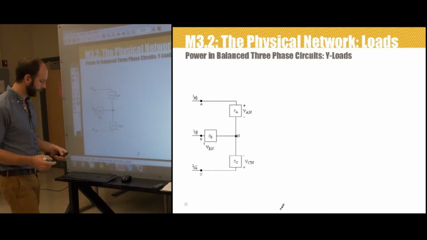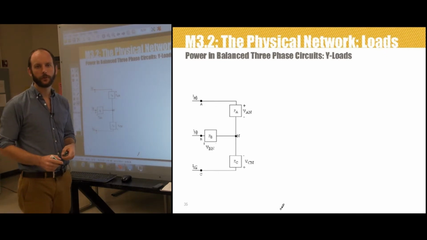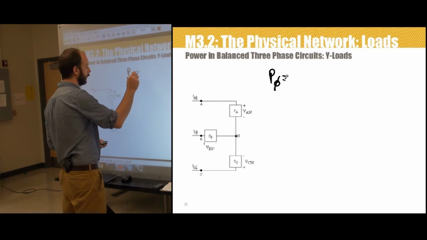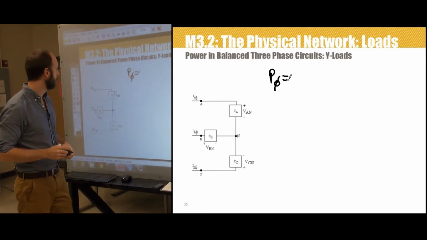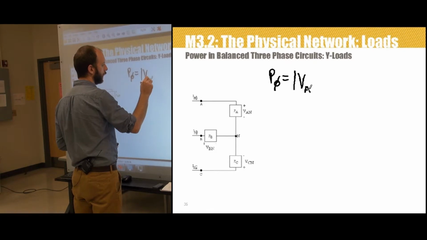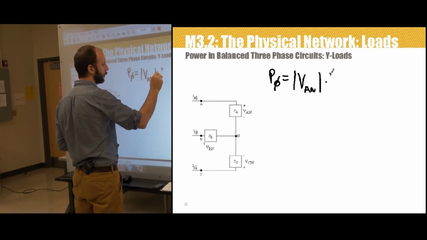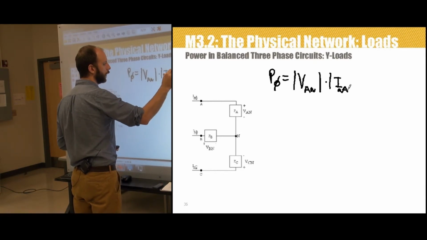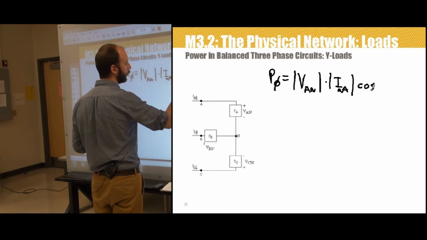So yeah, let's just summarize them here. So we've got power per phase is going to be magnitude of VAN times magnitude of IAA, excuse me, cosine of the angle between the two.